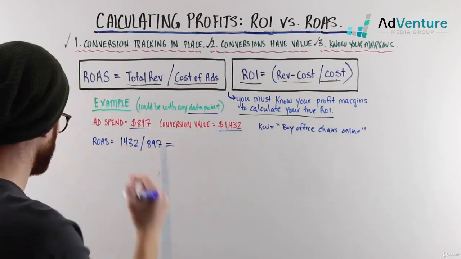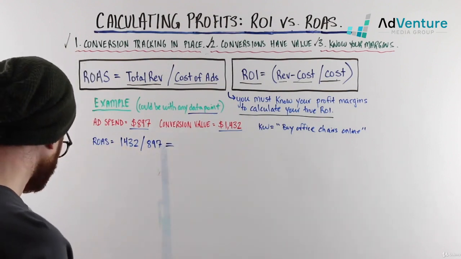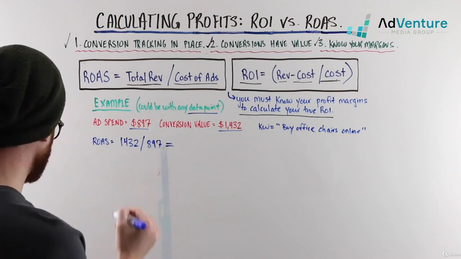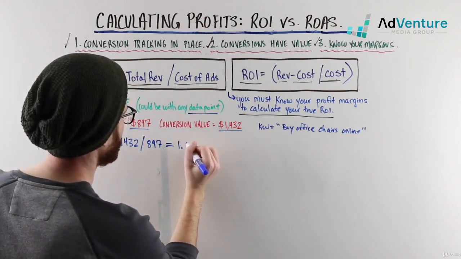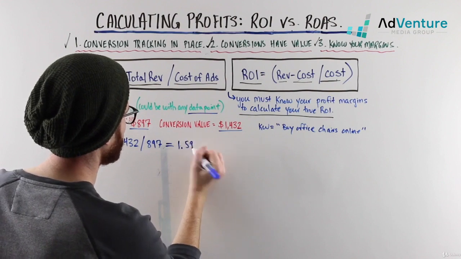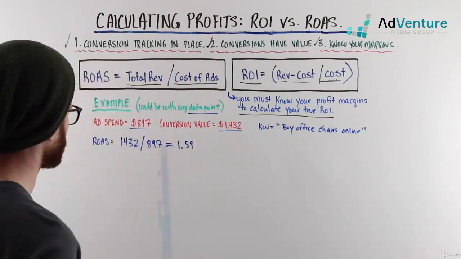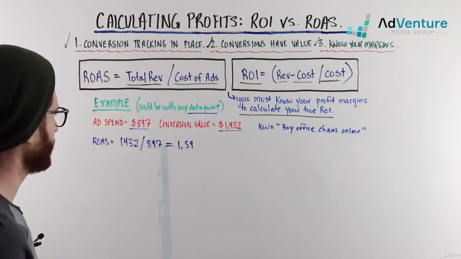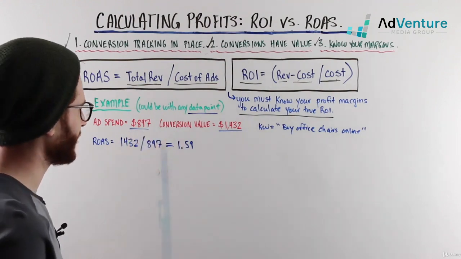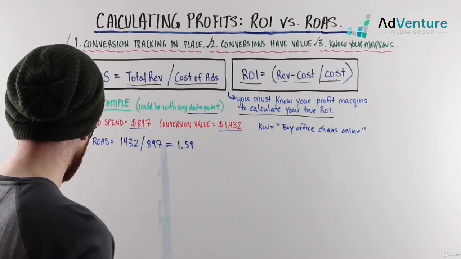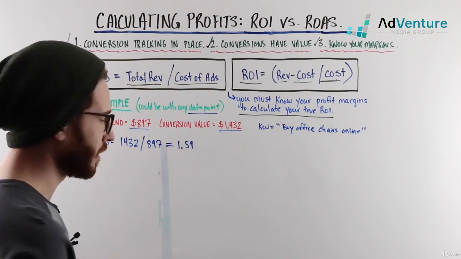And if you open up your calculator and take a look at what that is, the answer is 1.59, okay? If you don't believe me, check it for yourself, but I'm pretty sure this is right. So return on ad spend, we take 1432 divided by 897, that equals 1.59. But what does that number 1.59 really mean? Okay? Well, let me tell you.